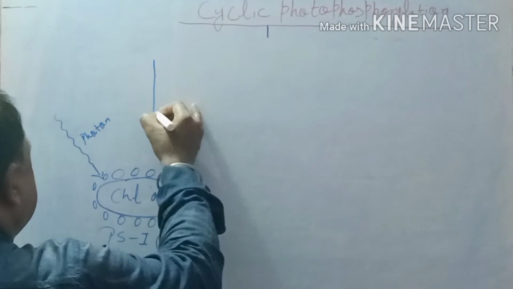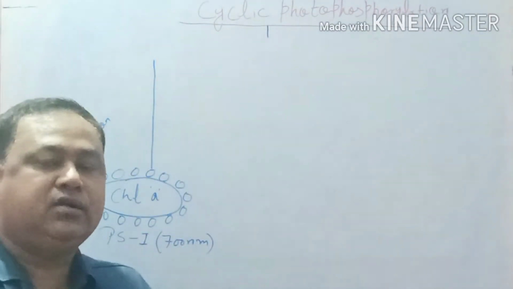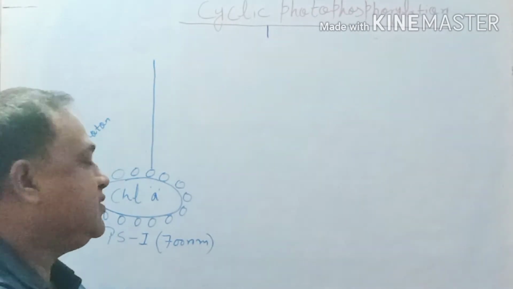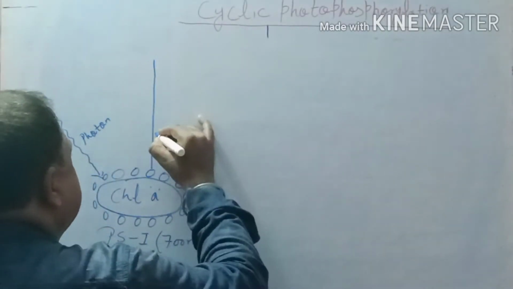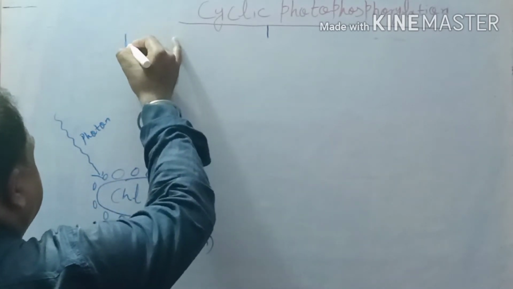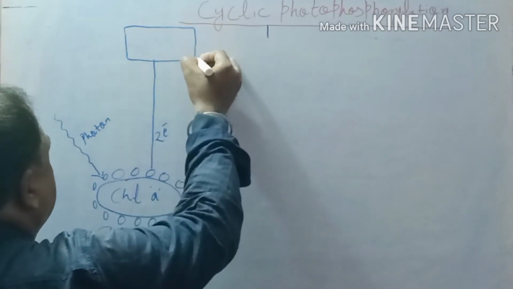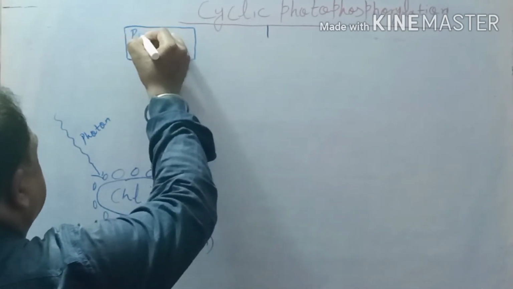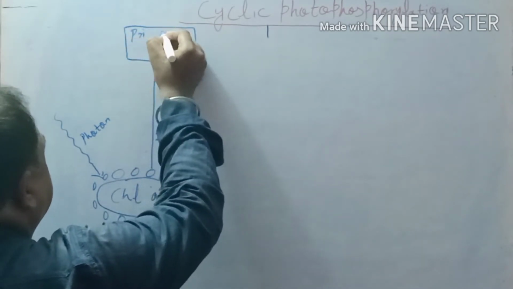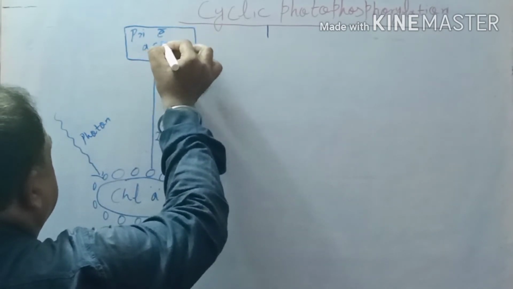After that, the surface of the reaction center gets excited, which releases a pair of electrons here, accepted by the primary electron acceptor.